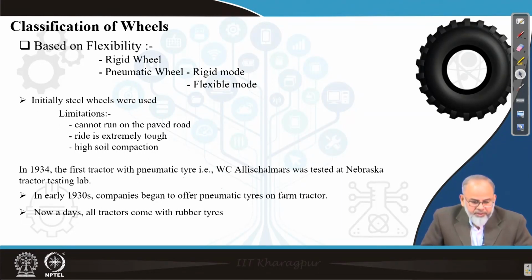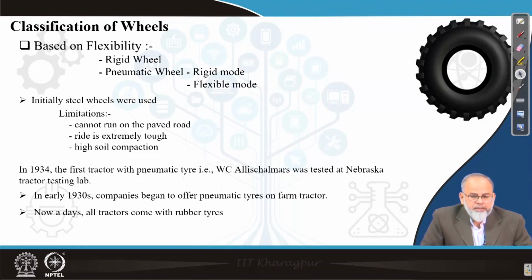So sometimes the pneumatic wheel behaves like a rigid wheel, just like your cage wheel. Initially, steel wheels were fitted on tractors, but the limitations are that they cannot run on paved roads. The ride is extremely tough, in the sense there will be a good amount of vibration and high soil compaction.